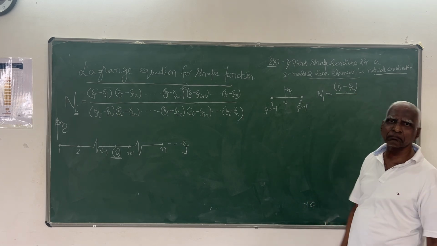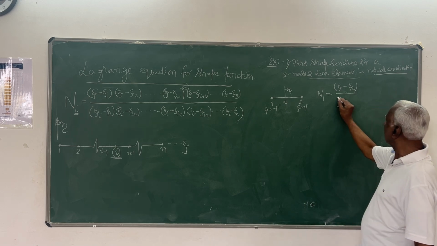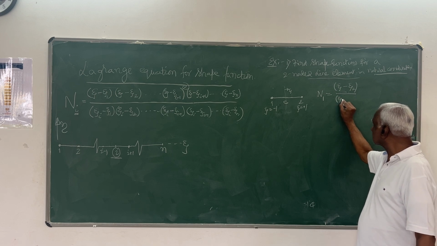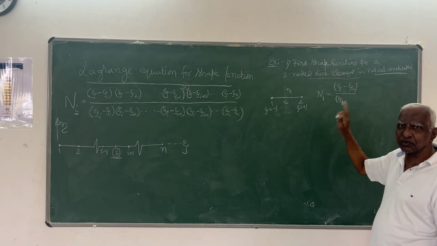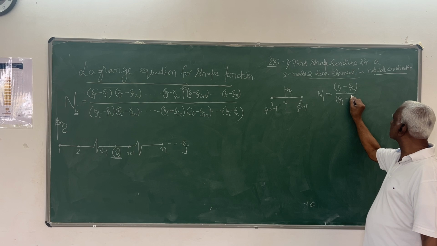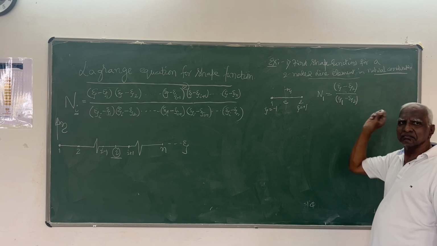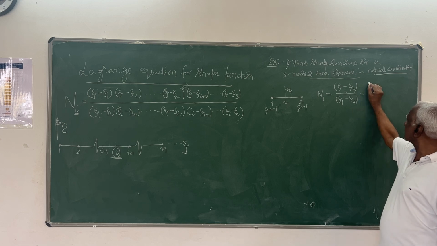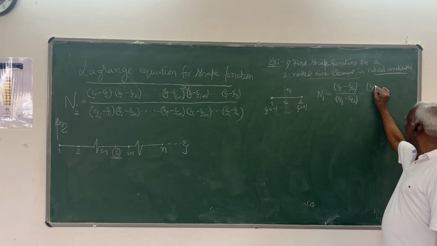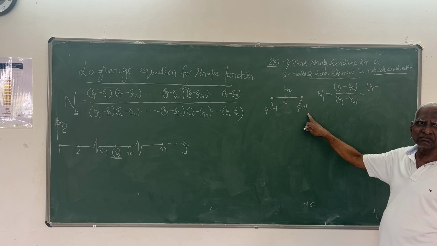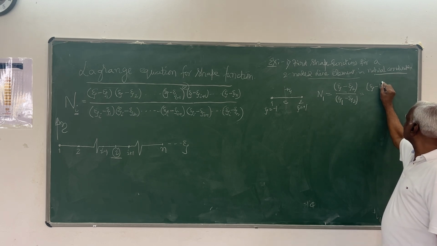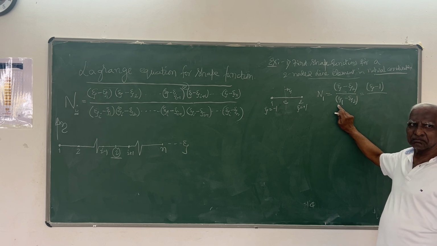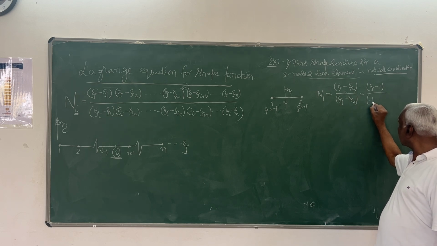Divided by psi 1 minus psi 2, psi is of course psi 1. I am writing for 1. And this psi 2. Psi minus, what is psi 2? 1. Here, psi 1 is minus 1.